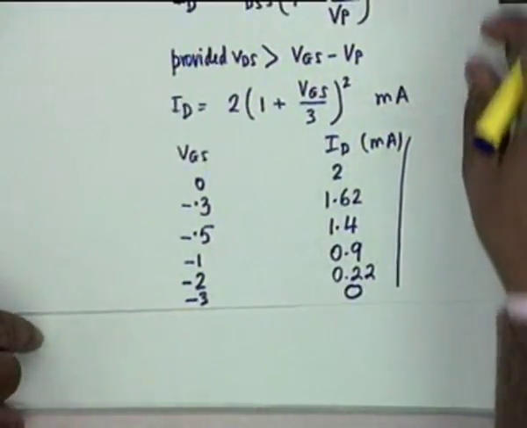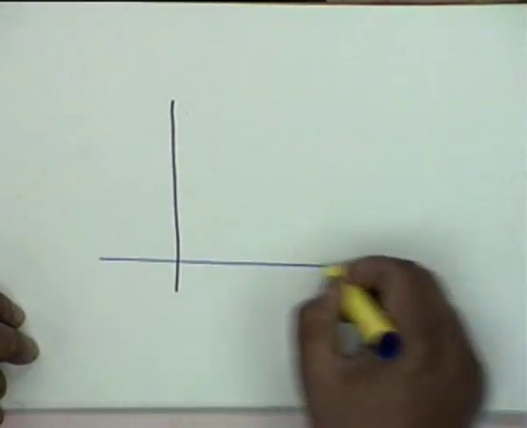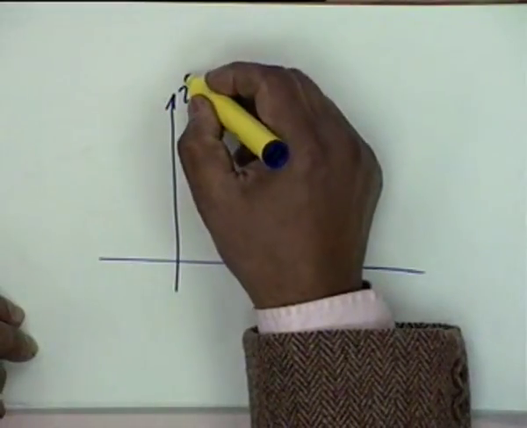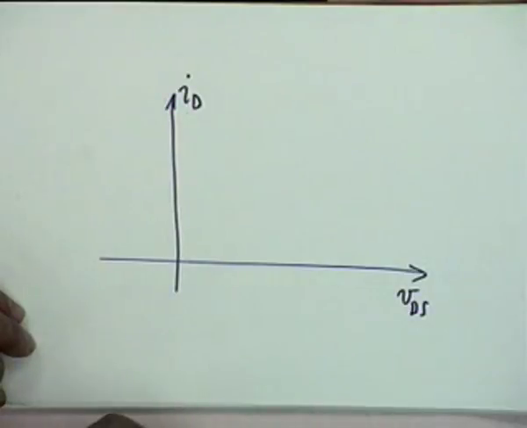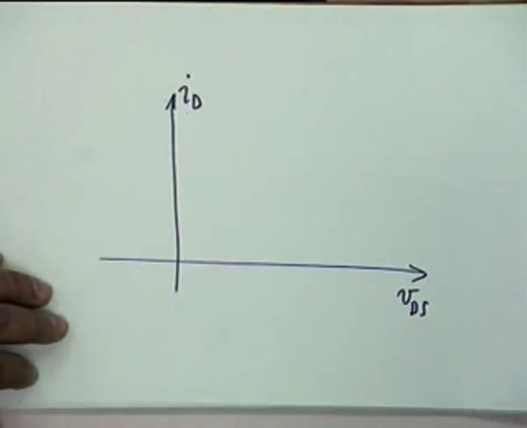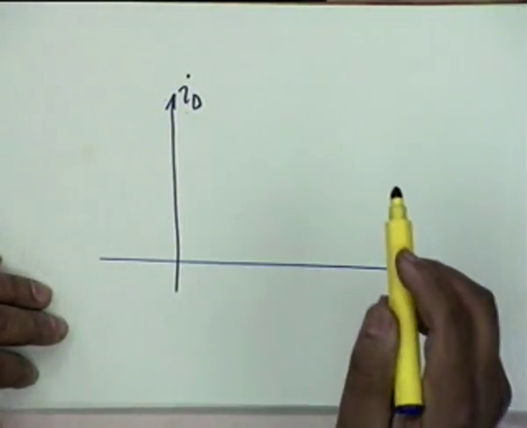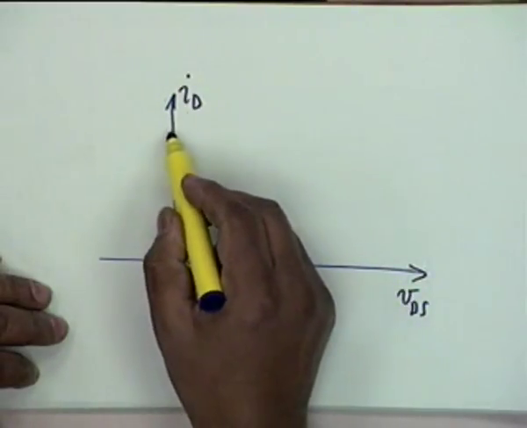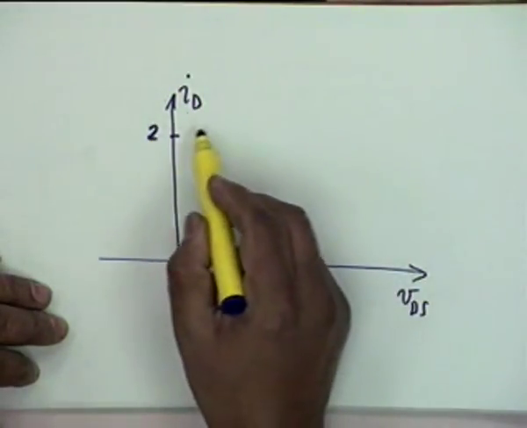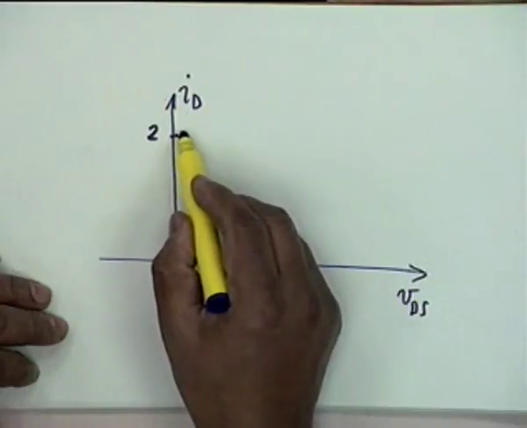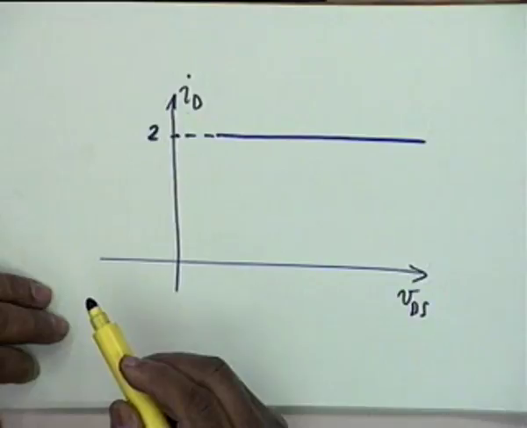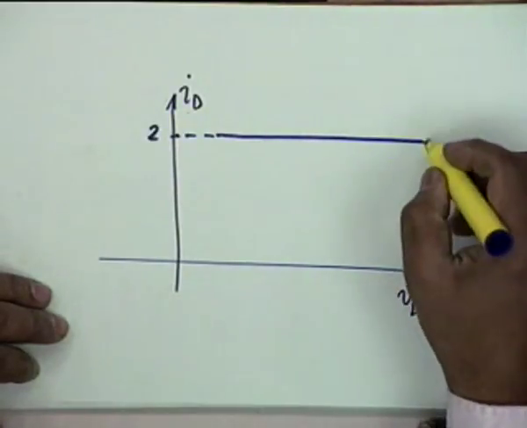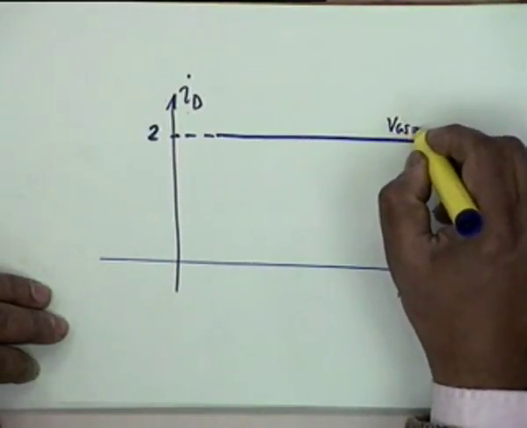Now the characteristics we draw like this. I sub D, in the characteristics we show the total voltage and total current. If VGS is 0, the current saturates at 2 milliamperes, so at 2 milliampere you draw a line. But this line is true for VGS equal to 0.